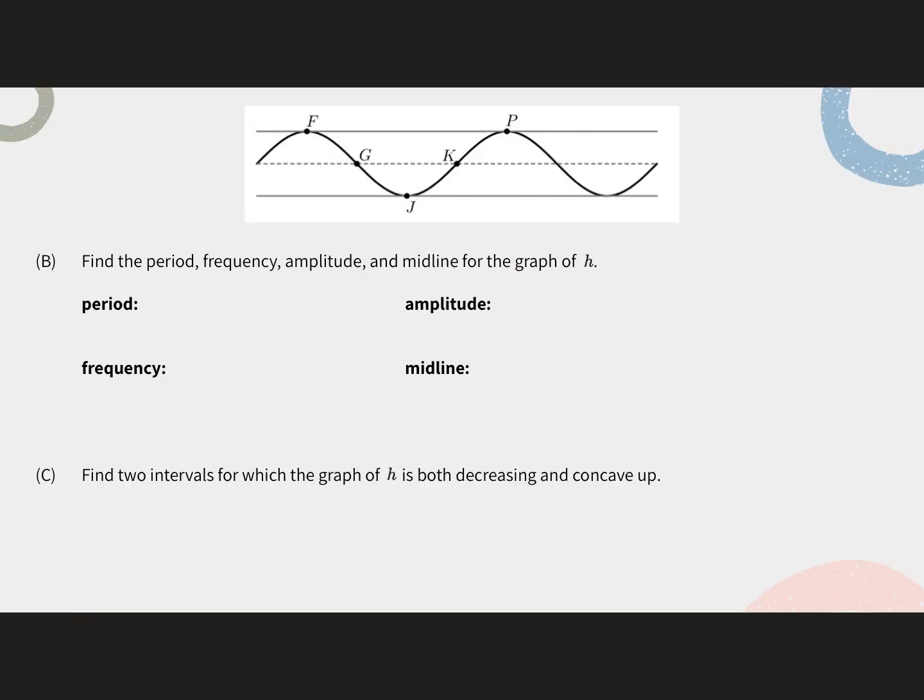Now that we've determined the coordinates, we're going to use them to find the period, frequency, amplitude, and midline for this function h. So I'm going to go ahead and copy down my values from the previous slide and label our input and output values.